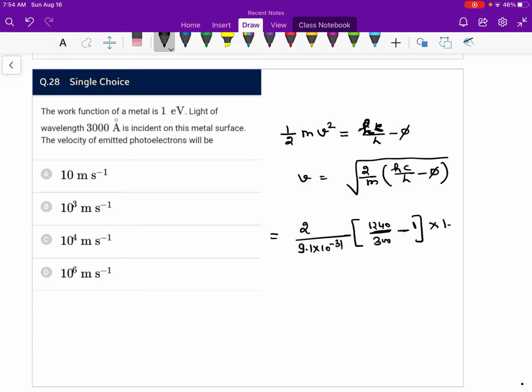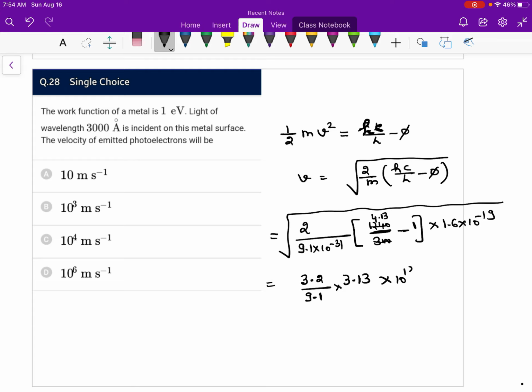And now let's convert the energy from electron volt to joules. So 1.6 into 10 to the power minus 19, whole under root. So this is 3.2 upon 9.1 and 1240 upon 3, which is 4.13 minus 1, so this is 3.13, into 10 to the power 12, whole under root.